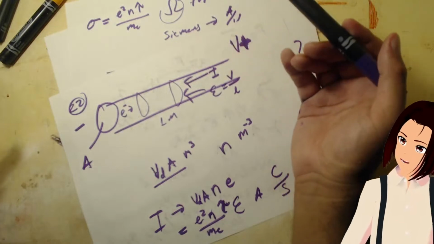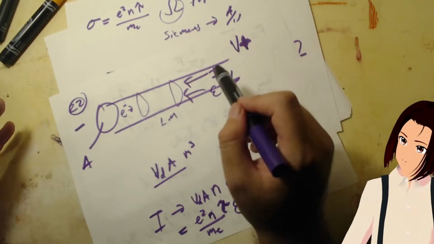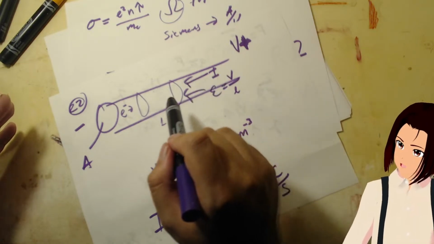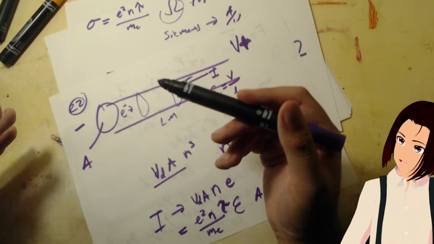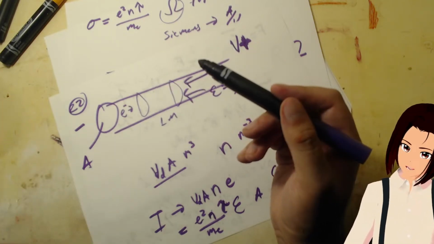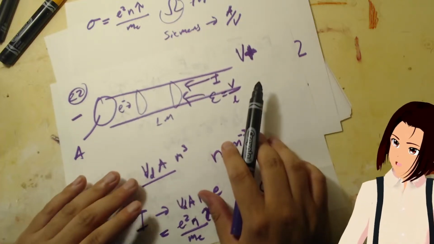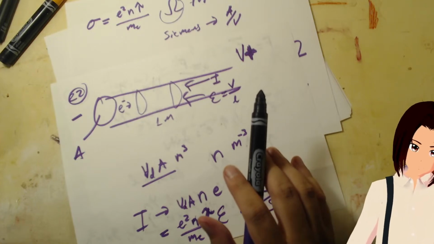I showed you we can find the electric field from the potential. And we know potential along this wire is changing because potential is a function of distance. I showed you that in the equipotential example before.